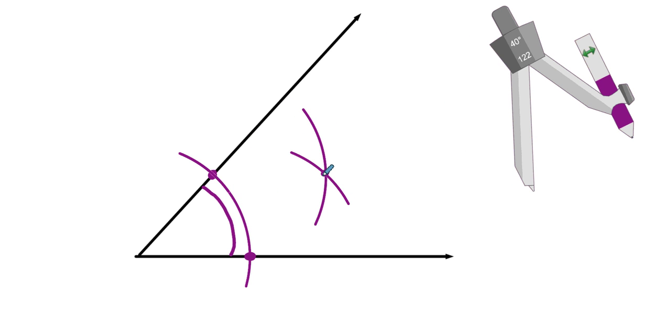Well, this is a very special place. And it's so special, in fact, that the ray that goes through there creates two congruent angles. This congruent to that.